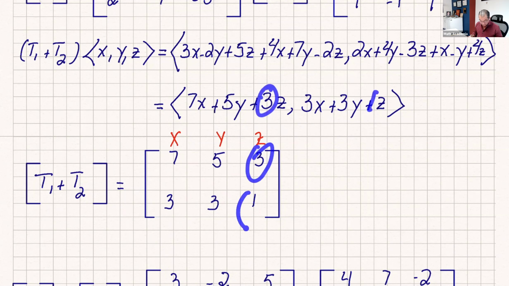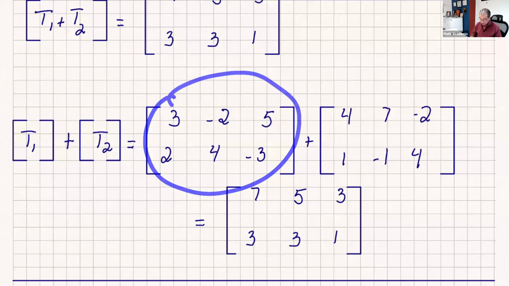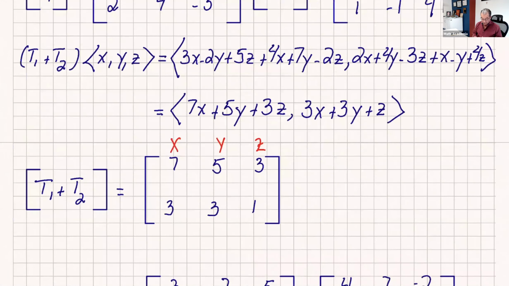So now if we go ahead and add the two matrices of the transformations, T1 plus T2. This was the matrix for the first one and the matrix for the second one, as I wrote it right there.